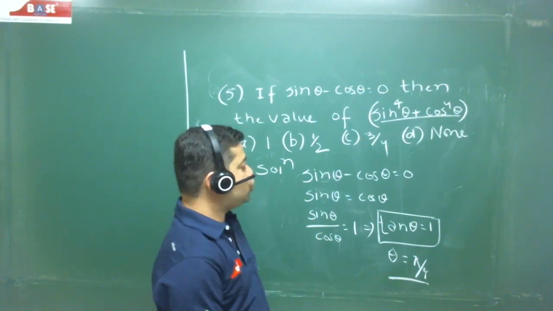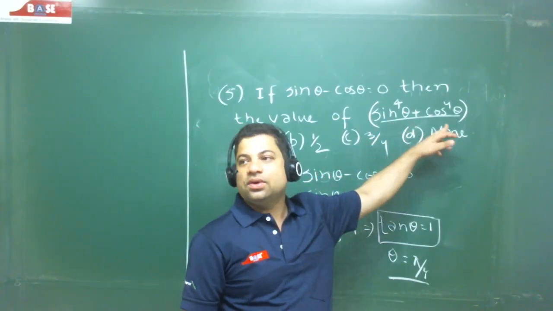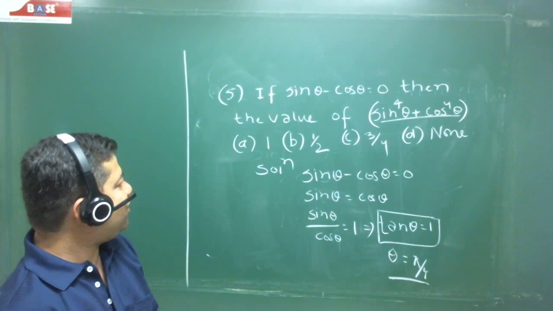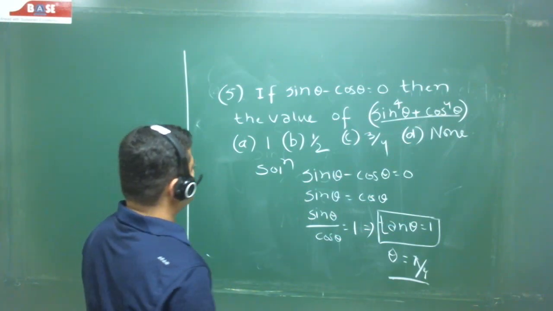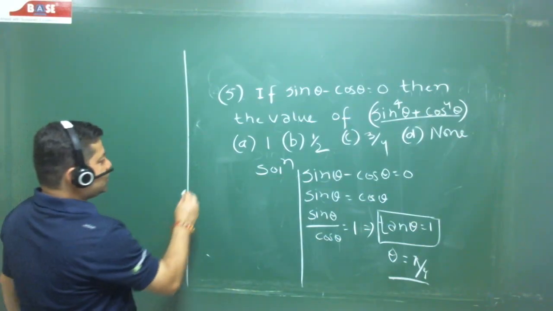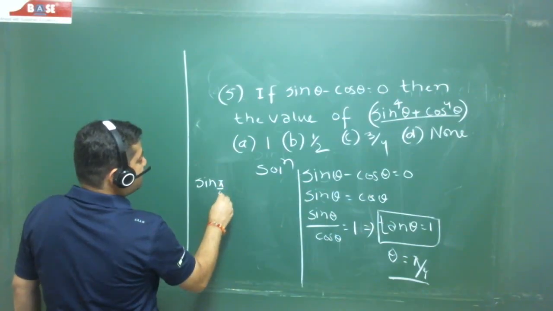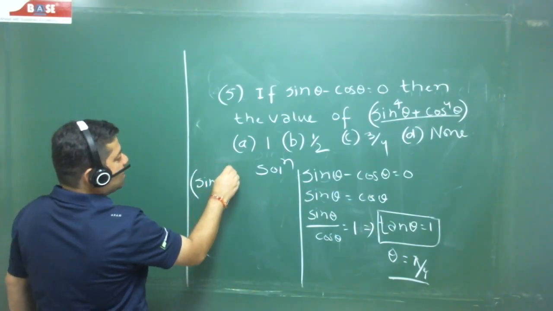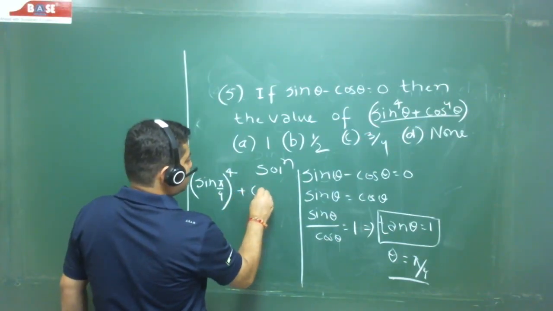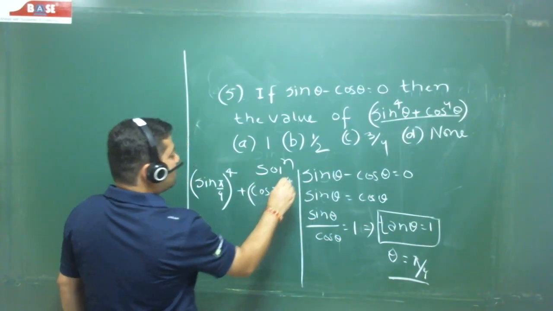So what are we supposed to do? In place of theta in this expression, we are going to plug in the value pi by 4. Then we can solve. So just for the sake of space, here I am writing: sine pi by 4 to the power 4, and cos pi by 4 to the power 4.